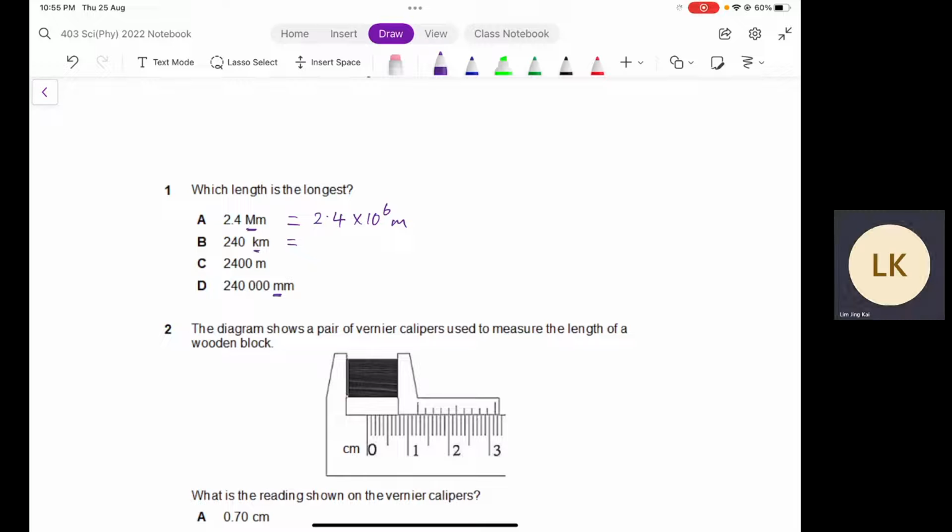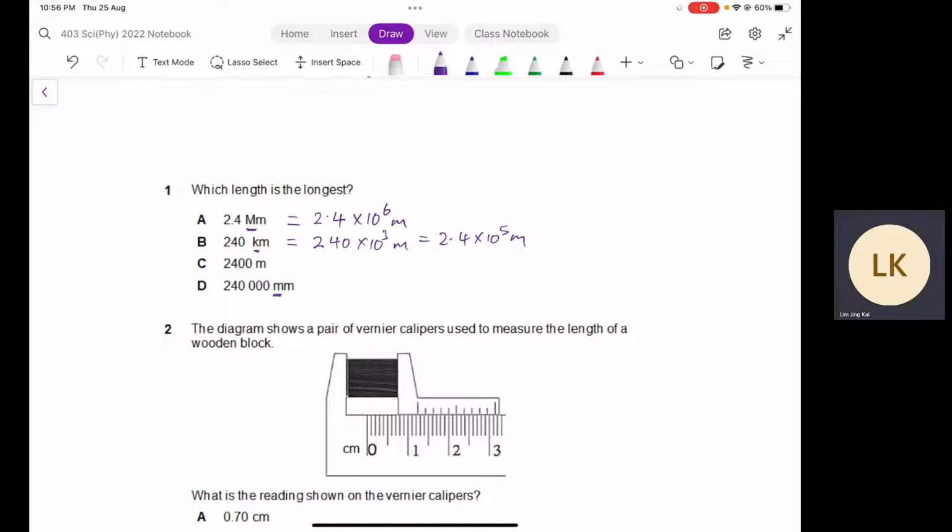B is 240 kilometers, so it will be 240 times 10 to the power of 3 meters, which in standard form is 2.4 times 10 to the power of 5 meters. C is already in meters, so no issue.